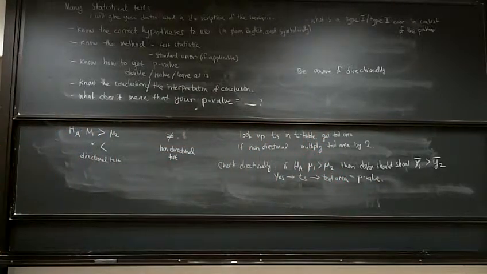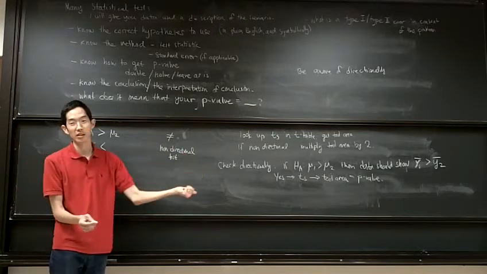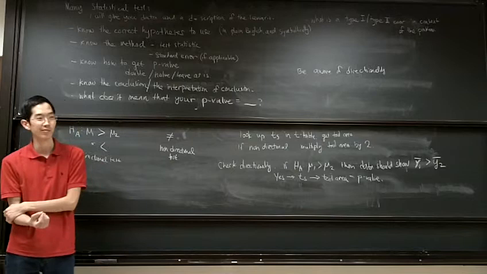If it doesn't, then what do we do? We can stop there and say we have no evidence. Technically, you take your tail area and then subtract that from 1. And that would be your p-value.